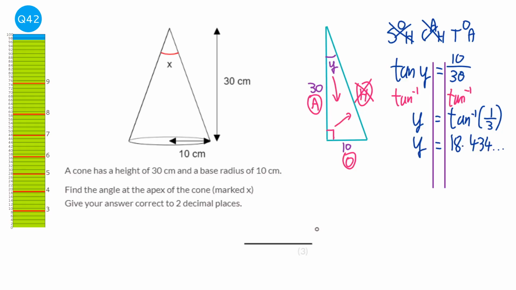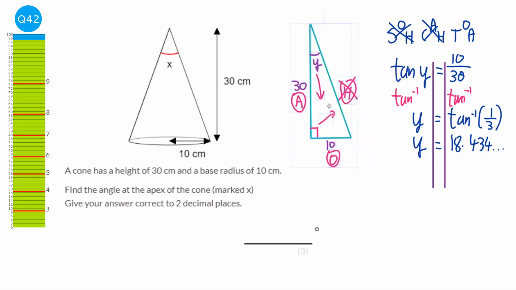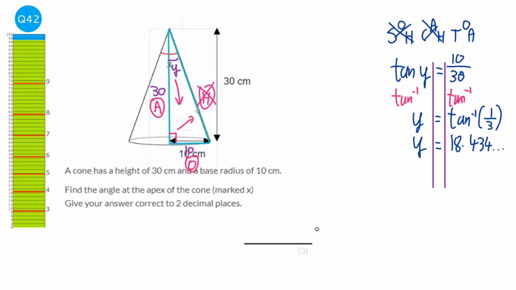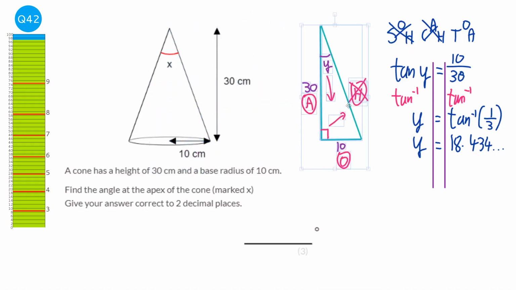Now what I did at the start was I moved the diagram away from the cone. Let's just move it back and we'll see the fact that y is exactly half of x, because we've done a line straight down the middle. So to find out what x is, all we need to do is double y.